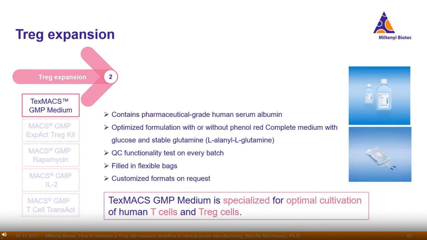It has an optimized formulation with or without phenol red, has QC functionality tests in every batch, and is filled in flexible bags, or you can ask for a customized format and our team will prepare the proper format for you. But don't forget that it is really specialized for optimal cultivation of human T cells and Tregs.